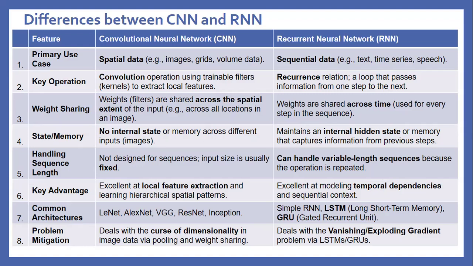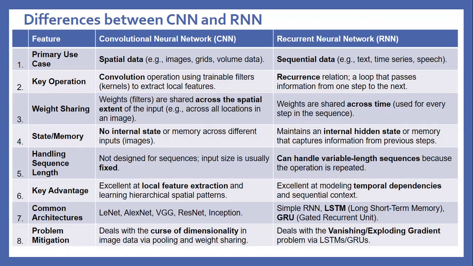RNN, simple RNN, LSTM (long short-term memory), GRU (gated recurrent unit). Problem mitigation: CNN deals with the curse of dimensionality in image data via pooling and weight sharing. RNN deals with the vanishing and exploding gradients problem via LSTM and GRU.